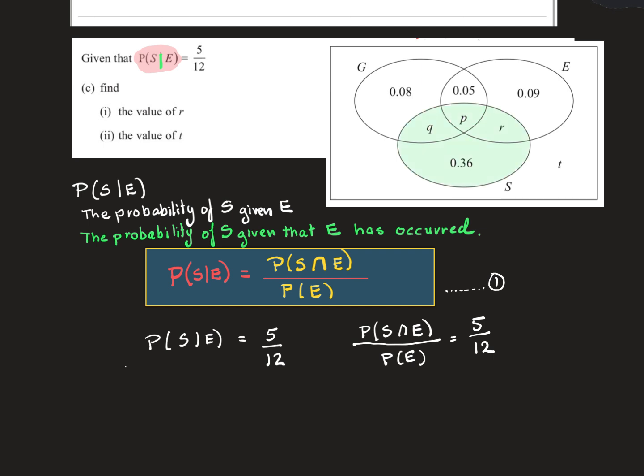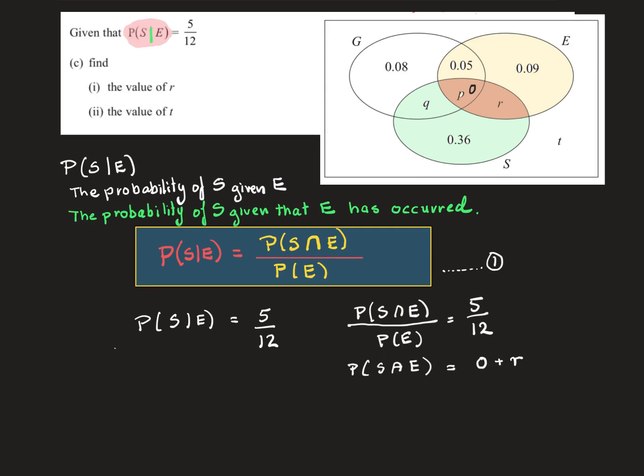S is here, and E is going to be here, this one, P again, and R. The intersection, therefore, will be the one that I make in red, the P and the R. Now, if you remember, we've already worked out that the value of P is 0. So therefore, the intersection of S and E is going to be equal to 0 plus R.